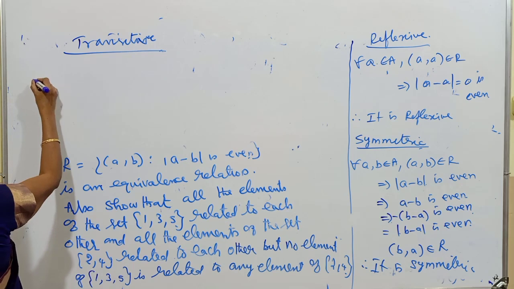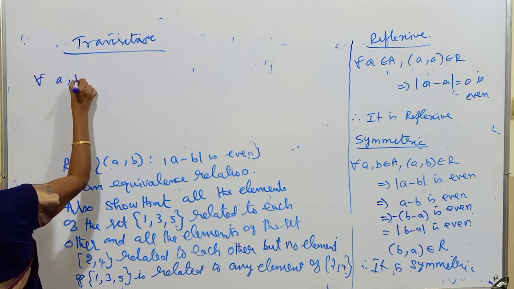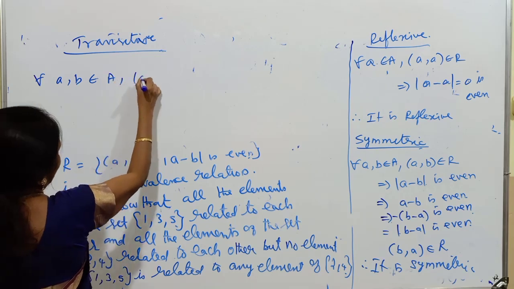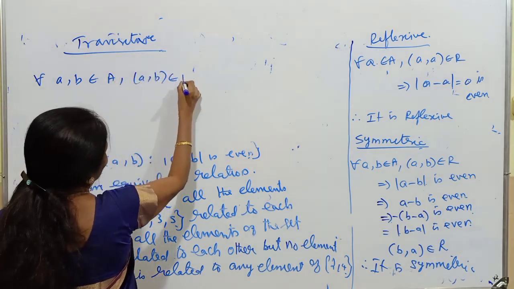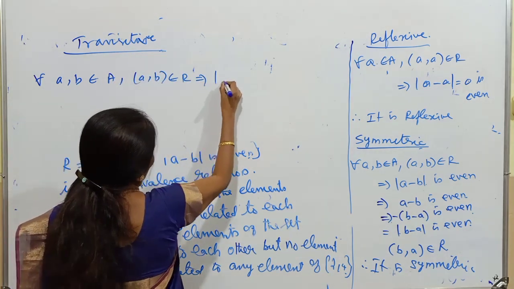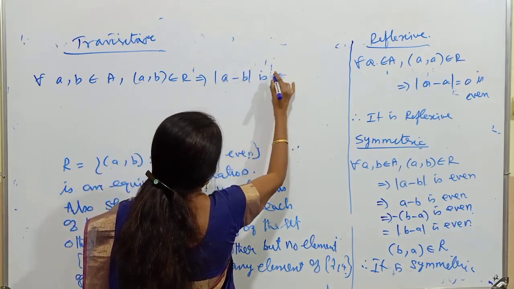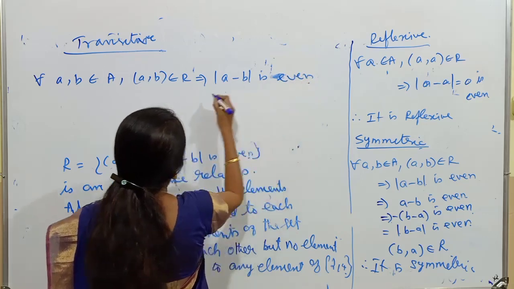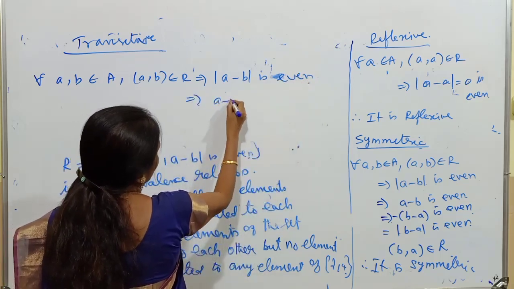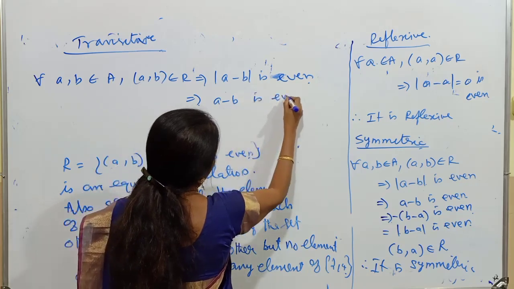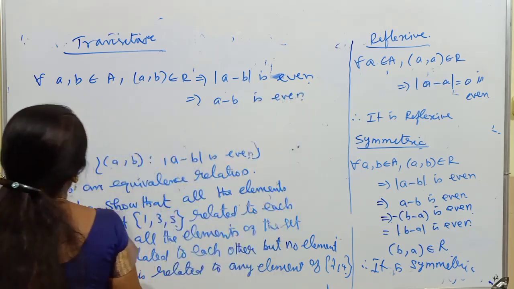Now listen to me. For all A comma B belongs to the set A, A comma B belongs to R implies modulus of A minus B is even, which implies that without modulus also it is even. Next one.